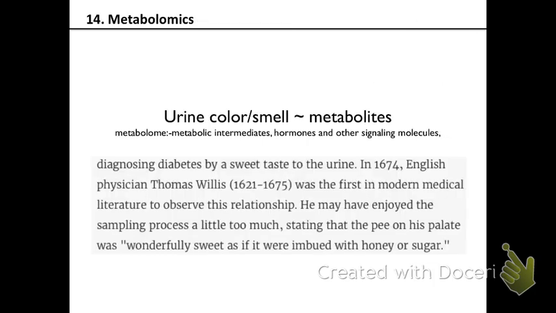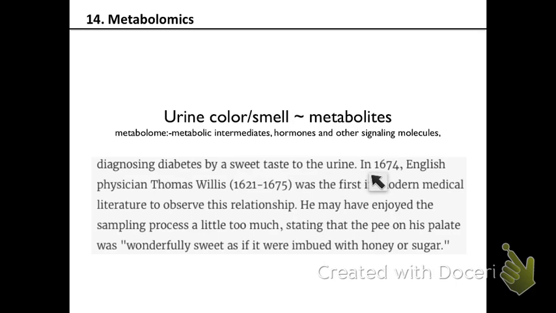All right. So the idea of our bodies having metabolites is really old, and the analysis of metabolites is also kind of old. For example, many hundreds of years ago diabetes was diagnosed by the sweetness of urine.